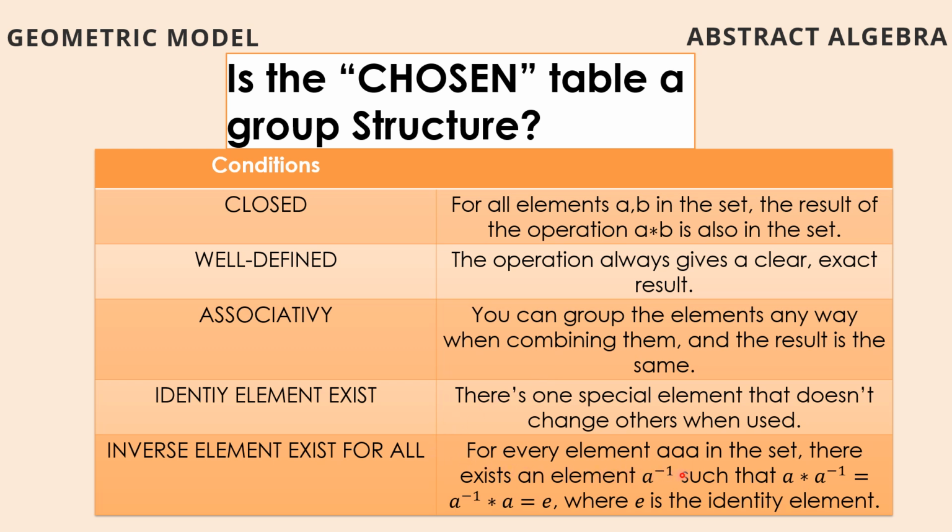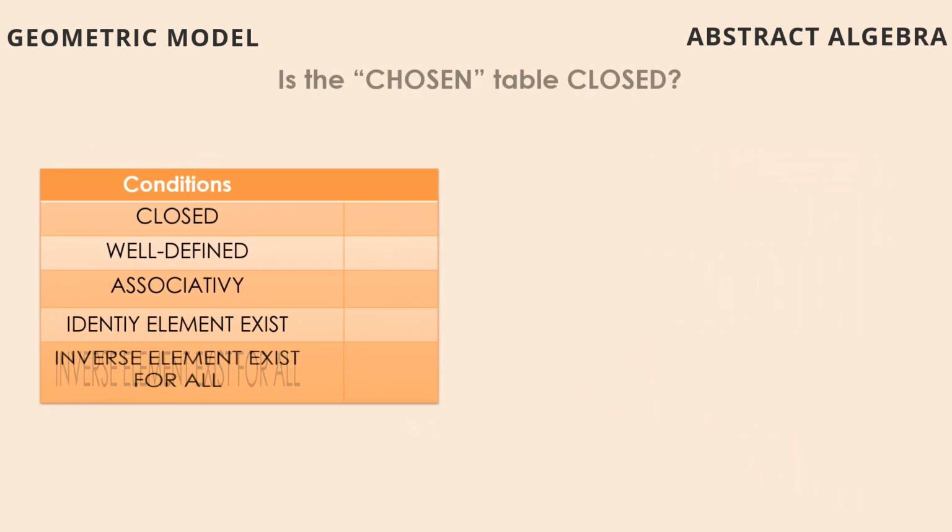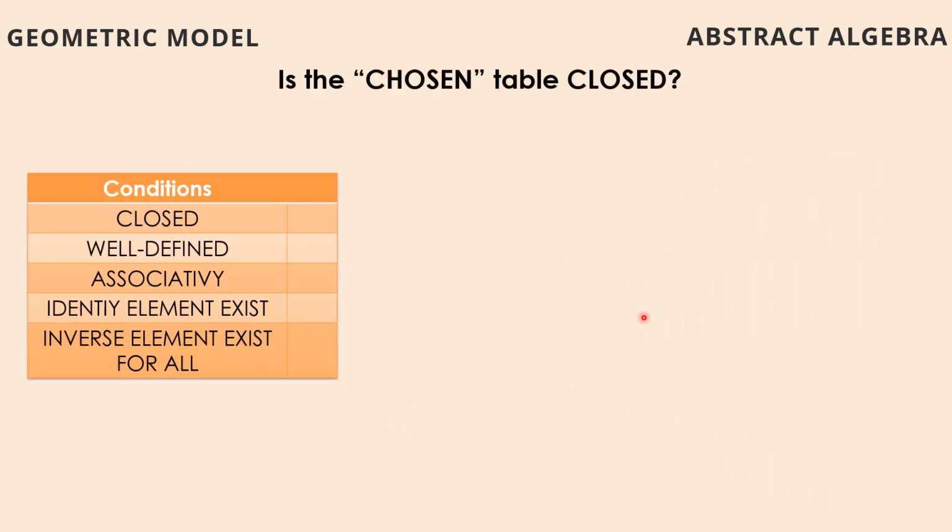For every element A in the set, there exists an element inverse of A such that A star inverse of A is equal to inverse of A star A is equal to E, where E is the identity element. Firstly, let's check if the chosen table is closed.